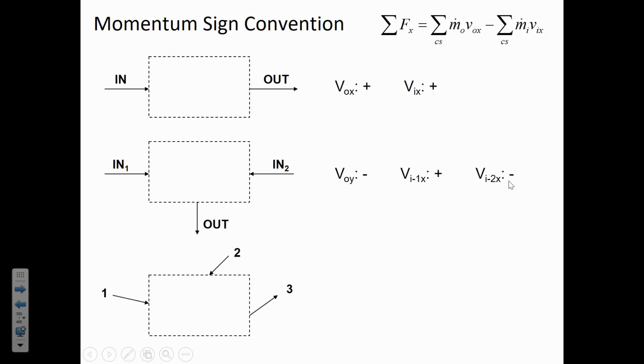Okay, what about for this one? What I'd like you to do is, in your notes there, do the same thing that we did in these previous two examples. Okay, stream number 1. Is it an in versus an out? And is it positive or is it negative? And we'll go through it together in just a moment.